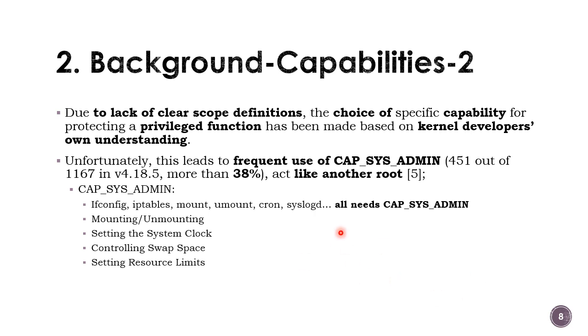All these tools need CAP_SYS_ADMIN because usually they need to do some I/O operation or networking. These processes usually require root or some higher privilege in the system. So several tools overuse it. This is the problem that we need to face.